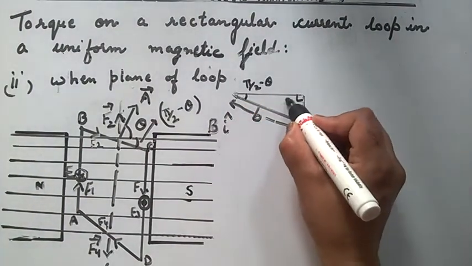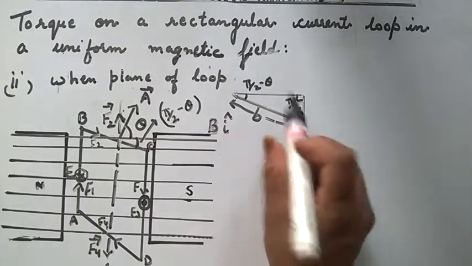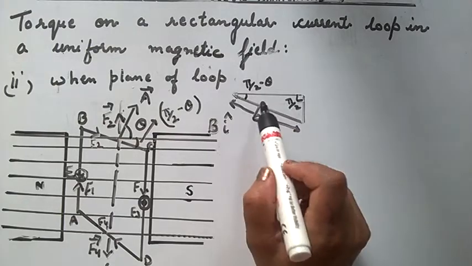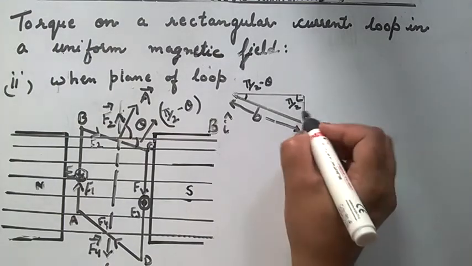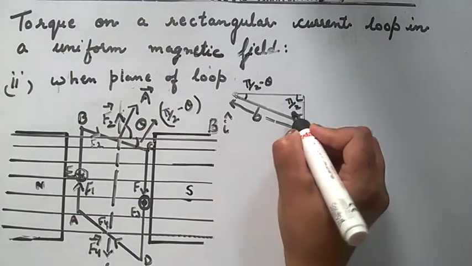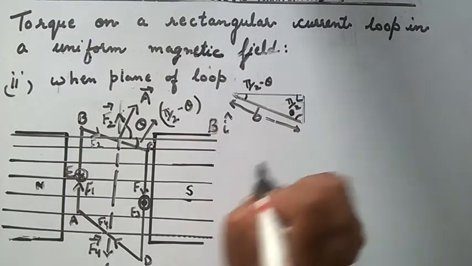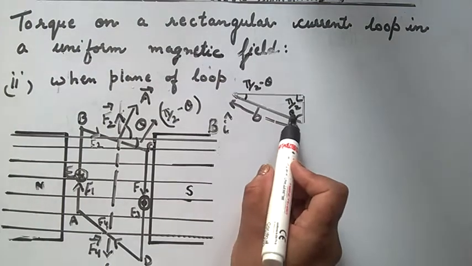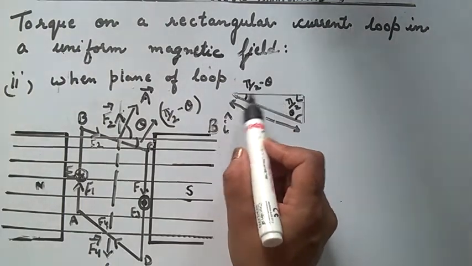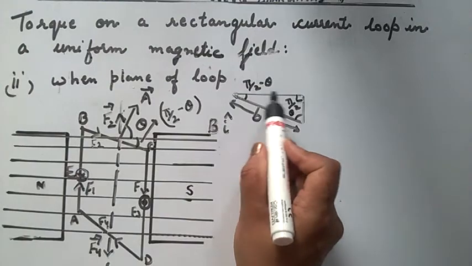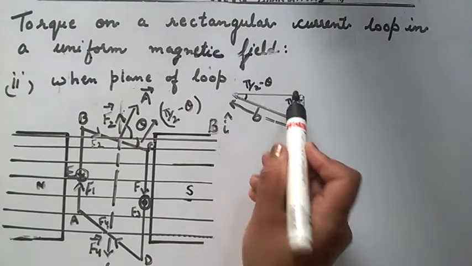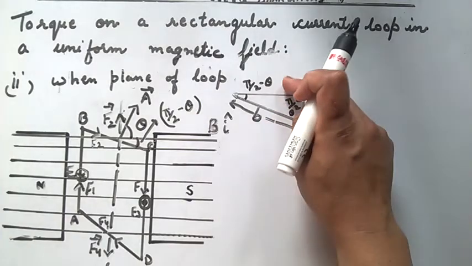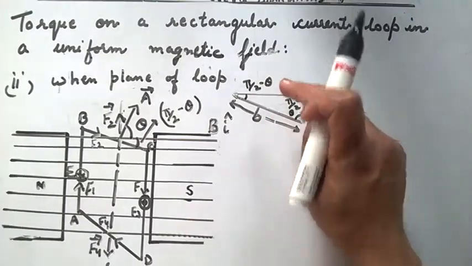Now as the sum of three angles is equal to 180 degree, therefore this angle is equal to theta. Now opposite to theta, this is known as the perpendicular distance, which is opposite to B, and it is known as component of B, which is the perpendicular distance.